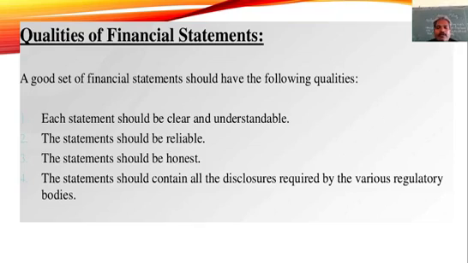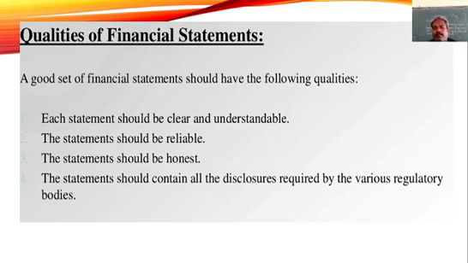The statement should be reliable, so it should be easily understandable as well as reliable to each and everyone. Then the next quality is that the statement should be honest, that means it should be trustworthy, showing the honesty of the company. The statement should contain all the disclosures required by the various regulatory bodies.